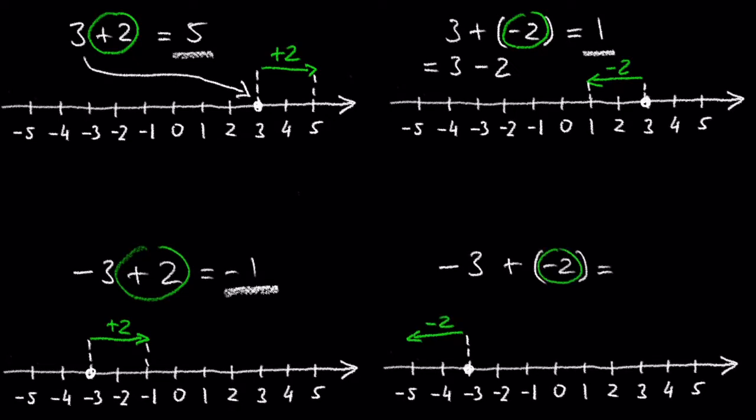Why is it pointing to the left? Because of the negative sign in front of the number 2. The sum, negative 5, is directly below the tip of the arrow. Instead of adding a negative number, you can also call it subtraction and write negative 3 minus 2.